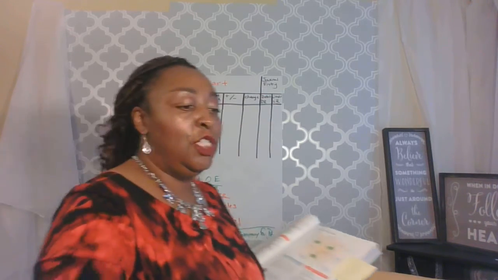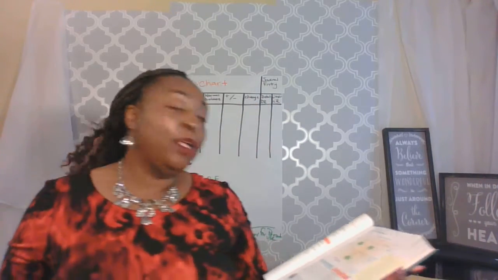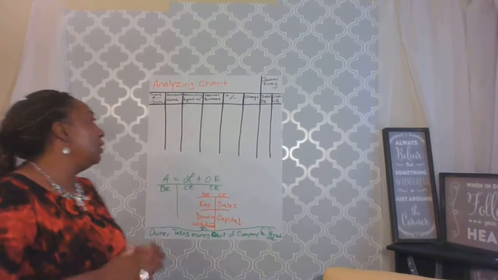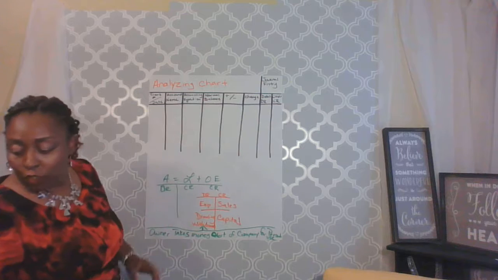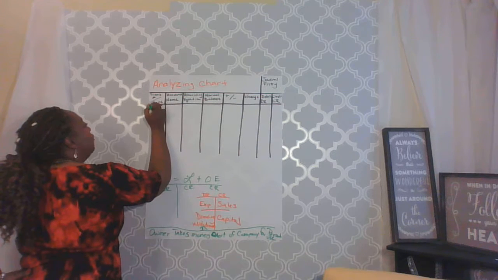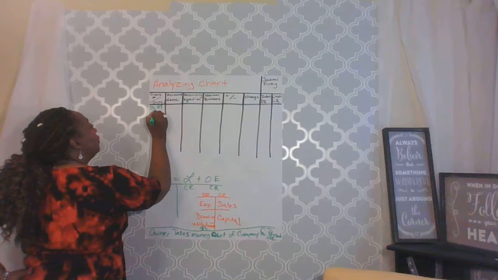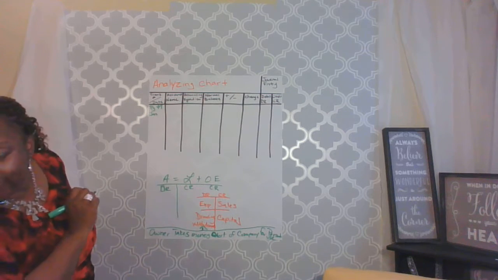The transaction reads, Michael Delgado, that is the owner of the company, withdrew equity in the form of cash. So Michael Delgado is the owner of the company, and the date is January 16th.